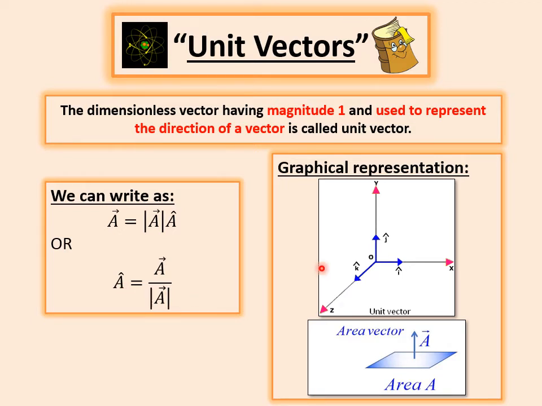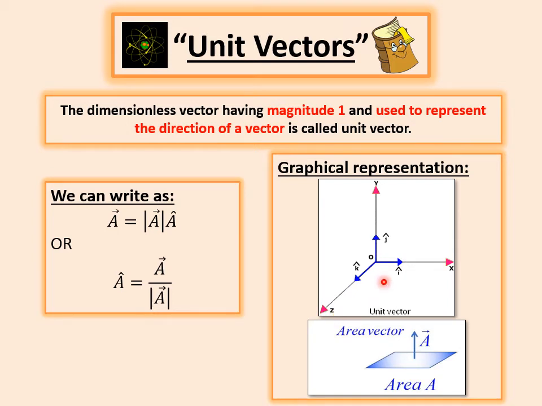Now here we are going to highlight the graphical representation of our unit vectors. A key point: i cap, j cap and k cap represent the axes. i cap represents the x-axis, j cap represents the y-axis and k cap represents the z-axis.